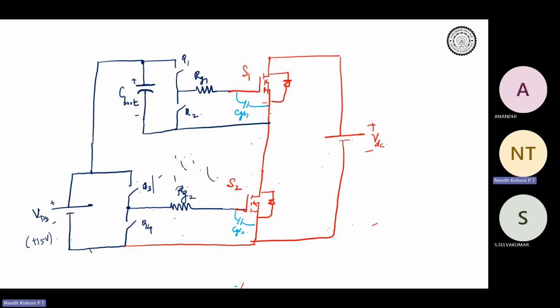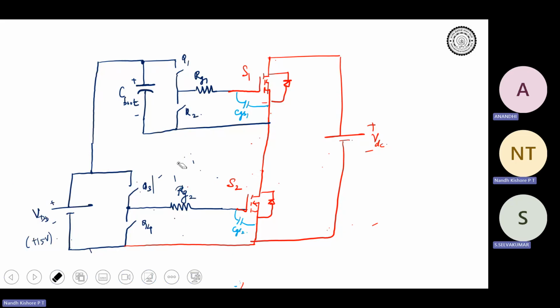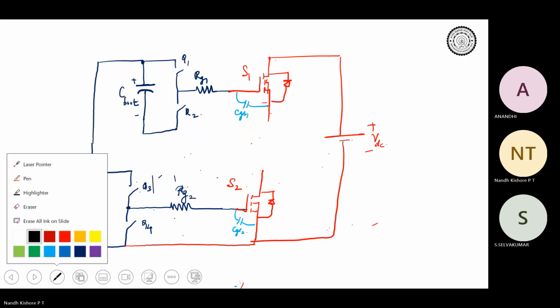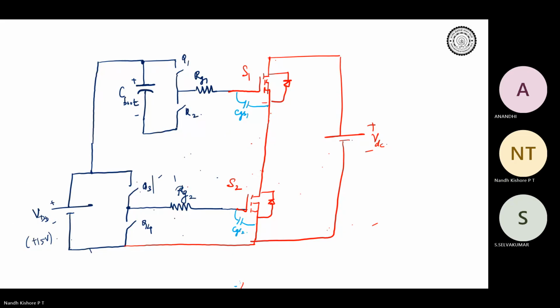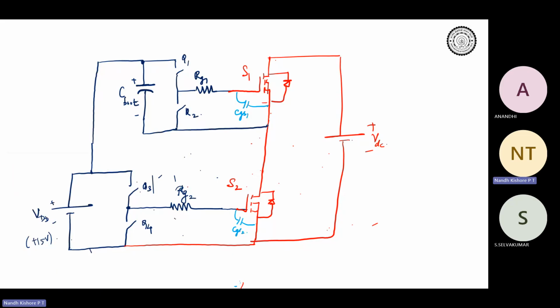If I want to turn on S1, what will the path be? Through Q1, then RG1, and then the CGS device, and then the device and back through this particular connection.